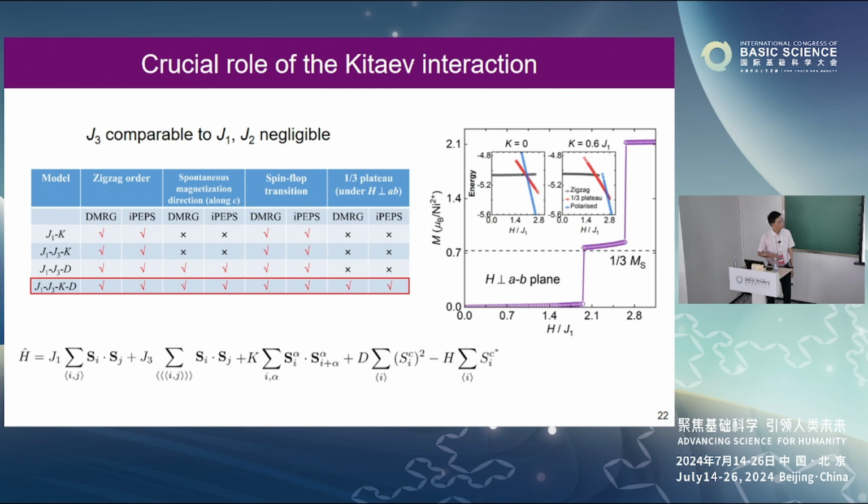They also calculate the magnetization as a function of the magnetic field, and this also looks very similar to our experimental observations. So finally, we conclude that you need to have a finite Kitaev interaction to stabilize this 1/3 magnetization plateau phase.